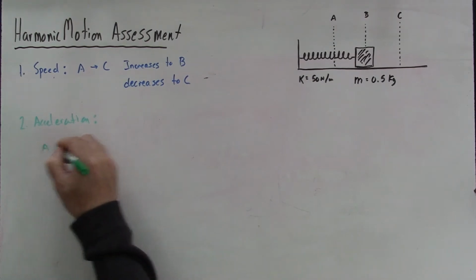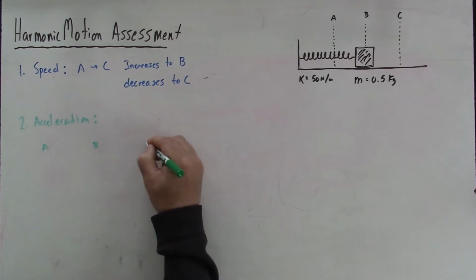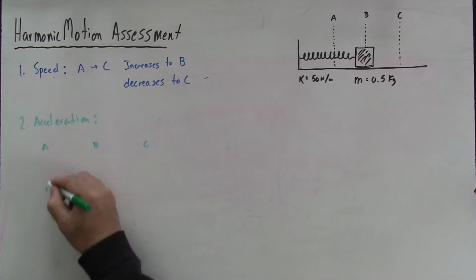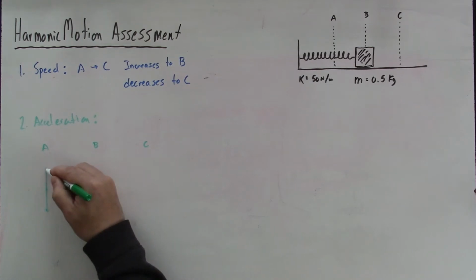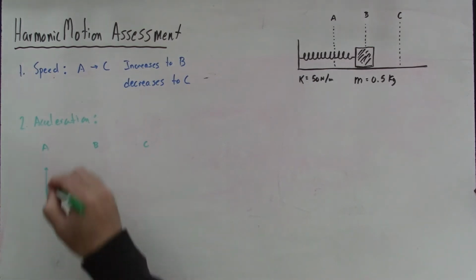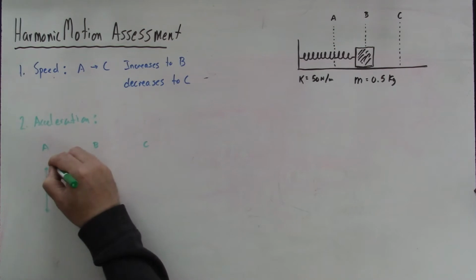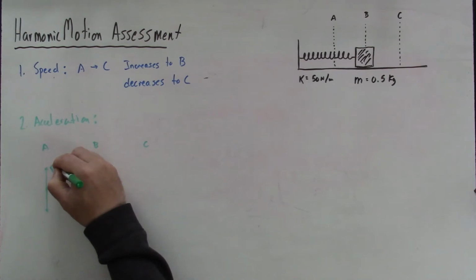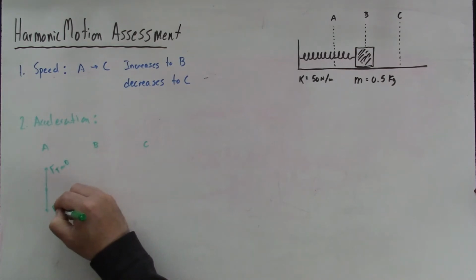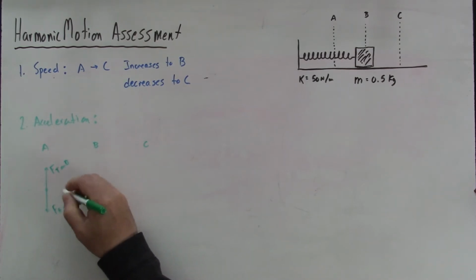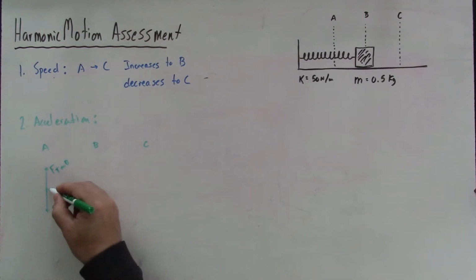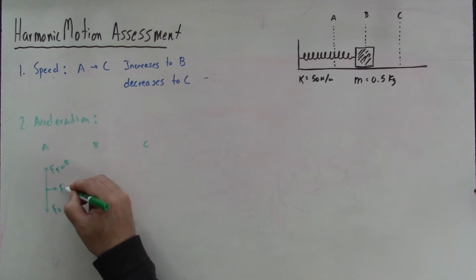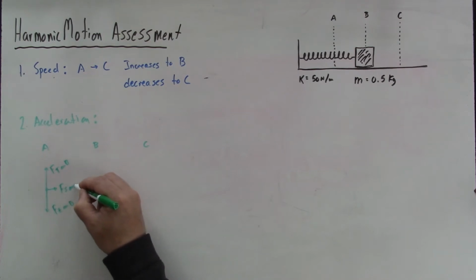So let's look at A, B, and C. When it's at A, the Earth is pulling it down and the surface is pushing it up. This is the force of the table on block. This is the force of the Earth on block. And when it's at A, the spring is compressed, so this is the force of the spring on block.